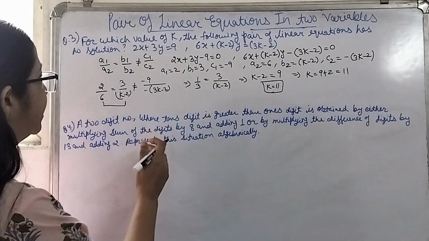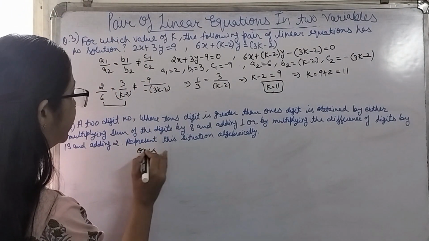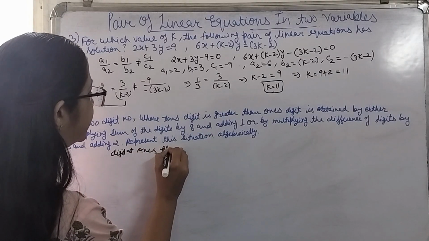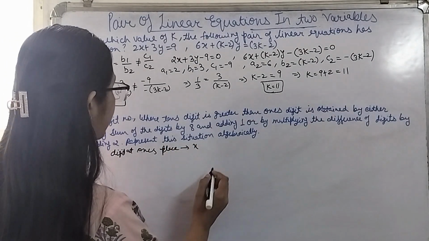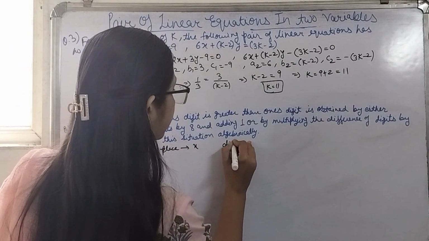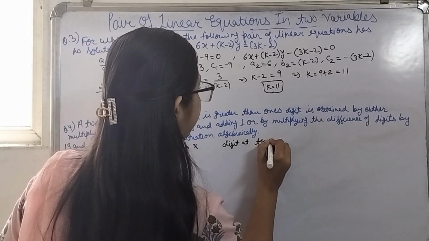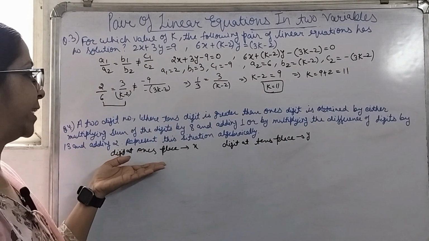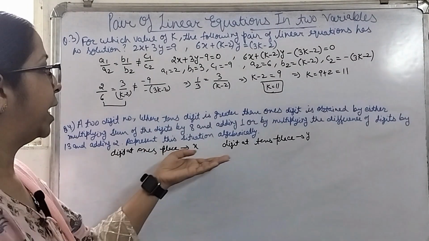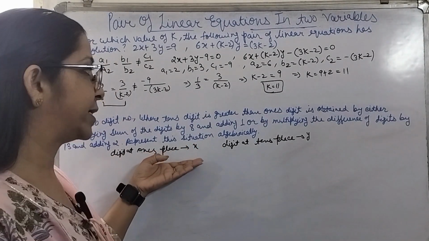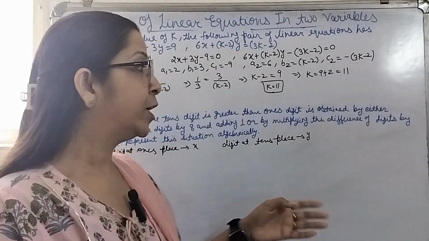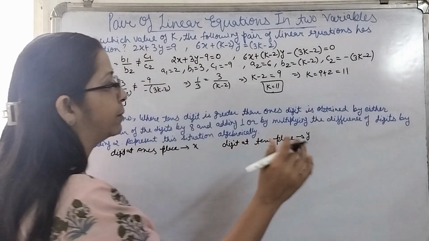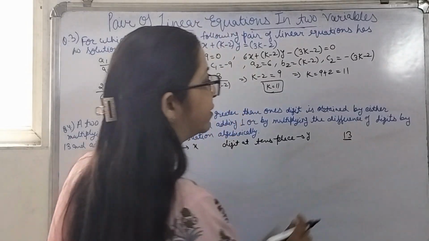Now we are assuming that the digit at the ones place is x and the digit at the tens place is y. Whatever the number is, suppose the number is 13, how can we represent it?